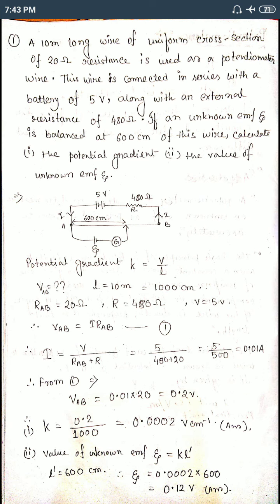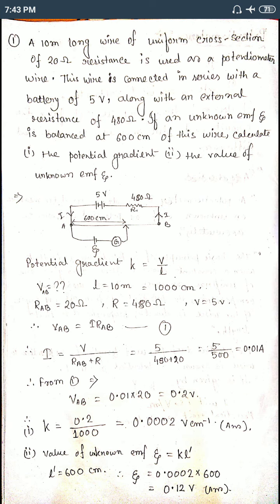Normally you might say that the voltage across AB is 5 volt. No, because one resistance is also attached, the external resistance of 480 ohm. So this is not the potential difference across AB. But the current through the circuit will be the same through AB and through the resistance, since they are in series combination.